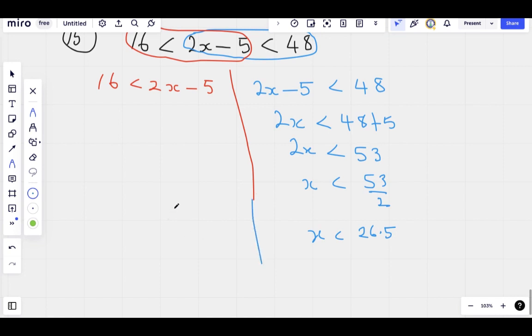Now let's see the inequality on the left side. You have 16. Bring the negative 5 to the right, it becomes positive 5, is less than 2x. If you add these together, you get 21. So 21 is less than 2x.